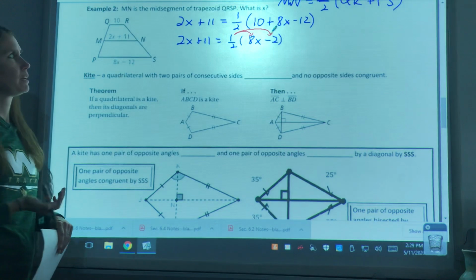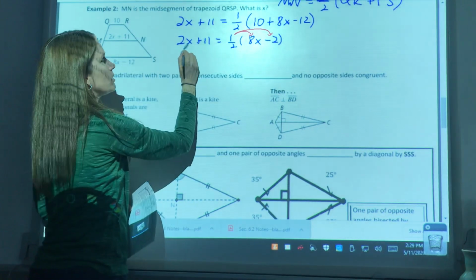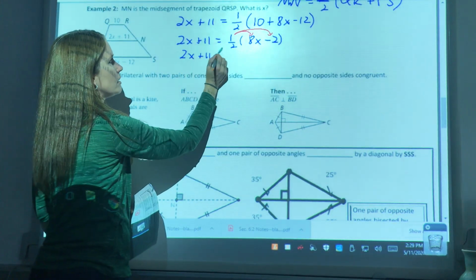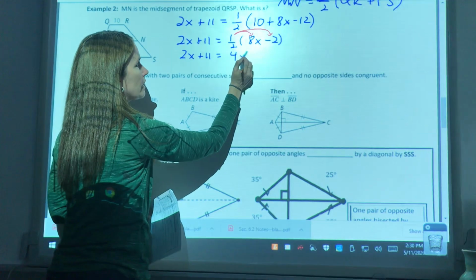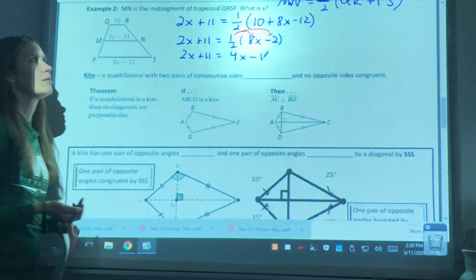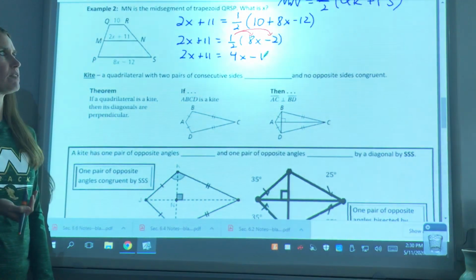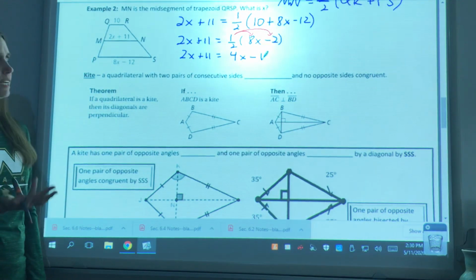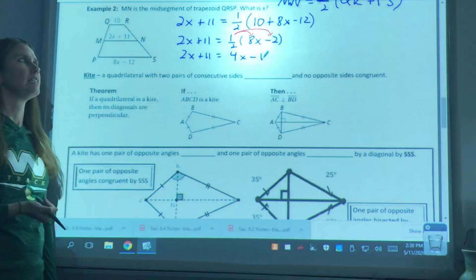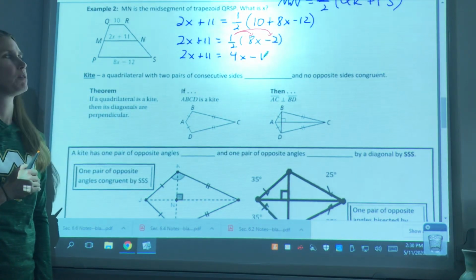So if I distribute the 1/2, then I end up with 2x plus 11 is equal to 4x minus 1. If you end up getting a decimal or a fraction, that's fine. Again, if you don't like dealing with that, then you can multiply by 2 on both sides.